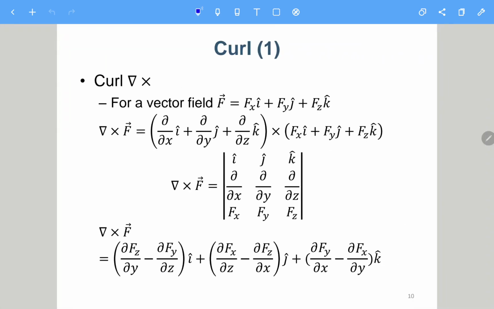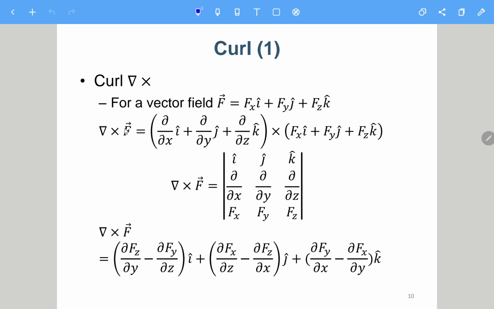Okay, and then the other one is the curl. The curl looks a bit more complicated. Of course, this is still in Cartesian coordinate. Here we try to apply this curl on a vector field, still called f. And of course, this is a cross product.